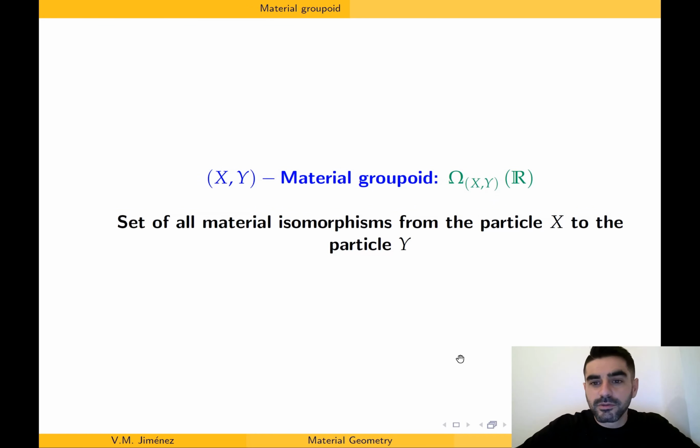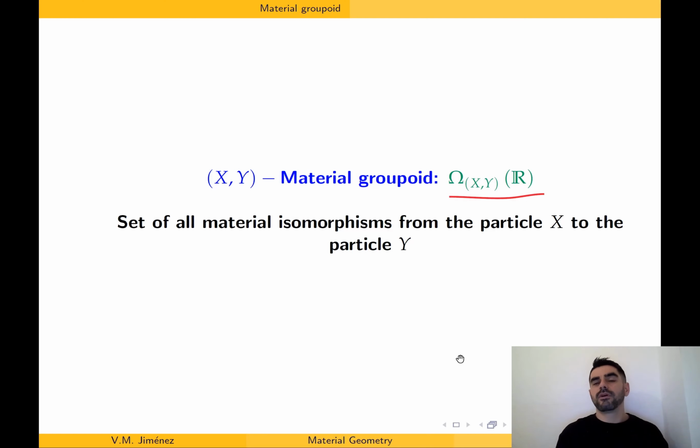So fix 2 points, then we will call xy material groupoid to this, which is the set of all material isomorphisms joining x with y. What happens with this is that if x is different to y, this is not a real groupoid.